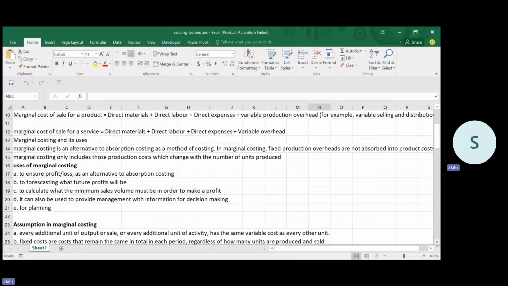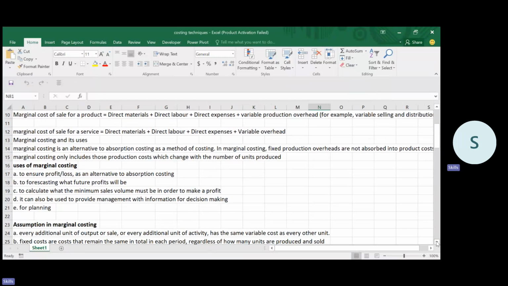Number four, it can also be used to provide management with information for decision making. If you use marginal costing, you can make a conclusion, simply telling you the contribution of each of the products towards the coverage of the fixed cost of that organization.